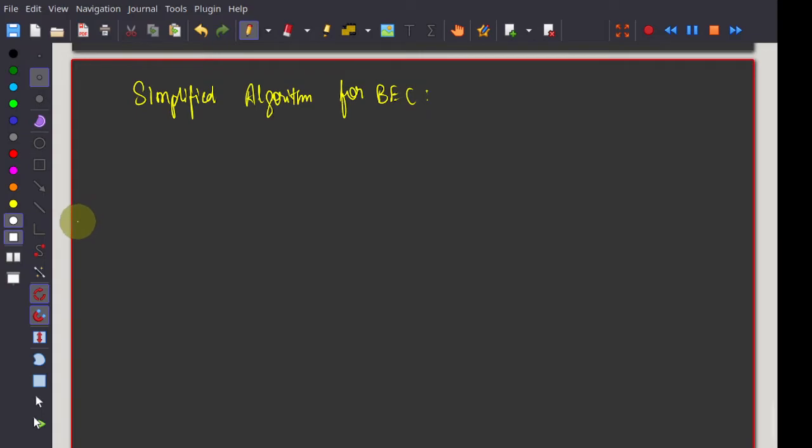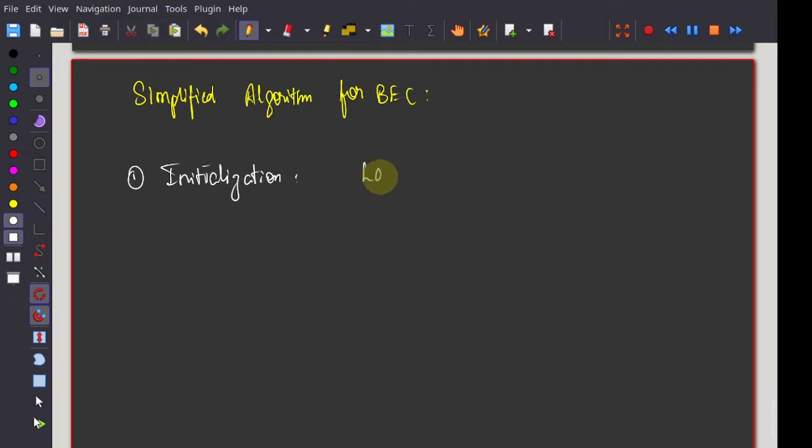Okay, and the algorithm is the following. First, you have initialization, which is done in the following way.